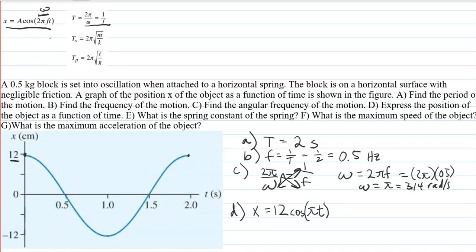And then part E, what is the spring constant of the spring? Well, we know the period of this oscillation, and we have an equation for the period of a mass on a spring.